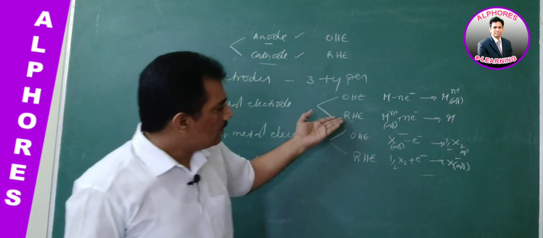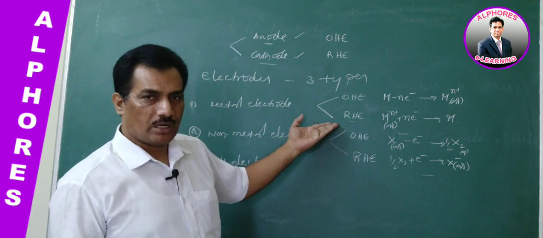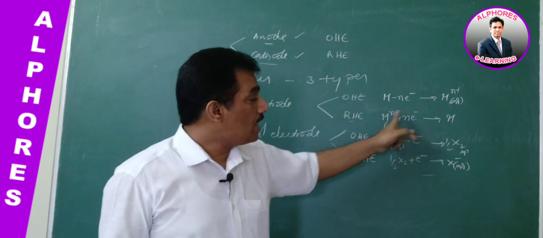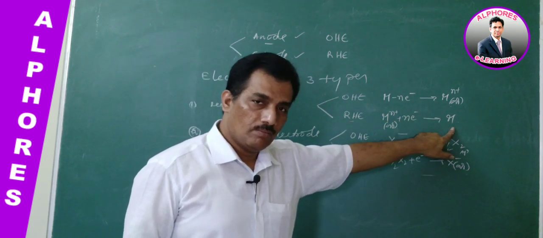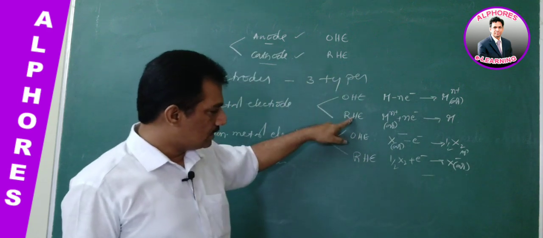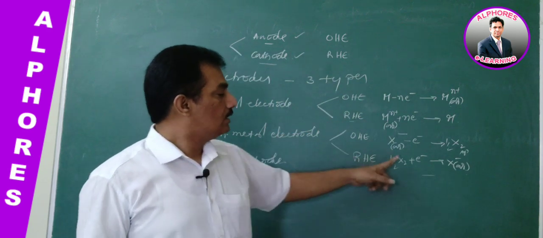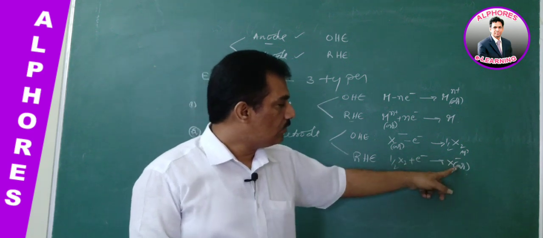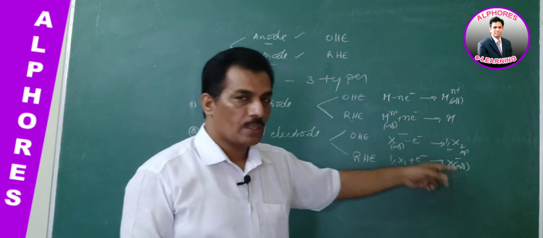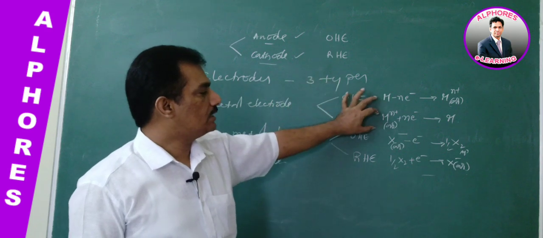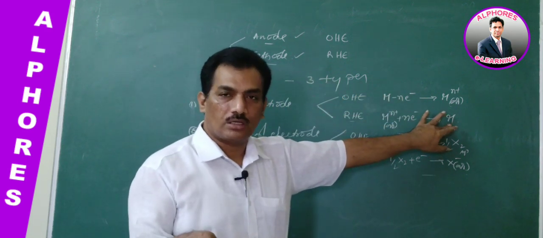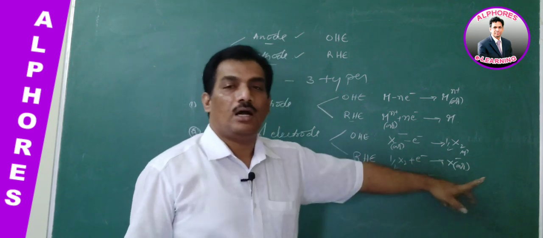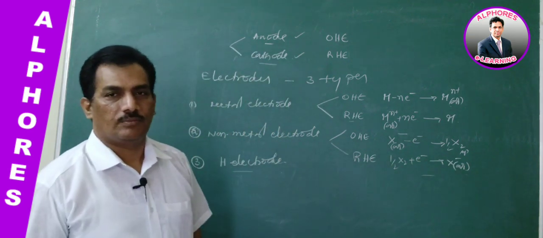In a similar manner for the RHE behavior, when it is a reduction half electrode, the metal ion is converting to neutral metal, whereas unlike that, in the case of non-metals, the neutral molecule or atom is converting into ions. Again here, in metals the ions are the reactants and the neutral is the product, whereas in non-metals the neutral molecules are reactants and the ions are the products. Clear?